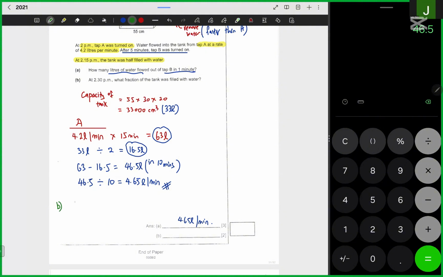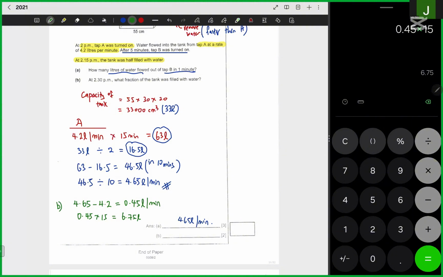Tap A will contribute 4.2, but tap B will remove 4.65. So that means the tank will be losing 0.45 liters every minute. Can you understand this working? So after 15 minutes, another 6.75 liters will flow out of the tank.